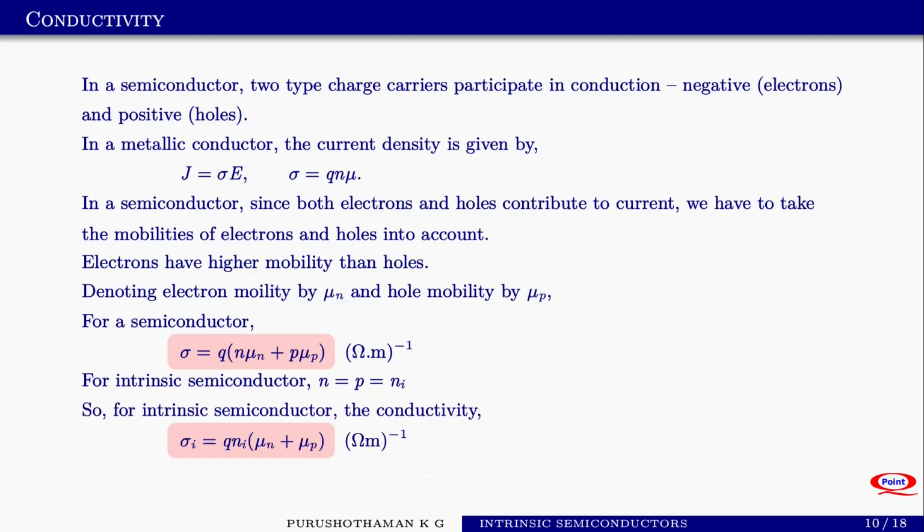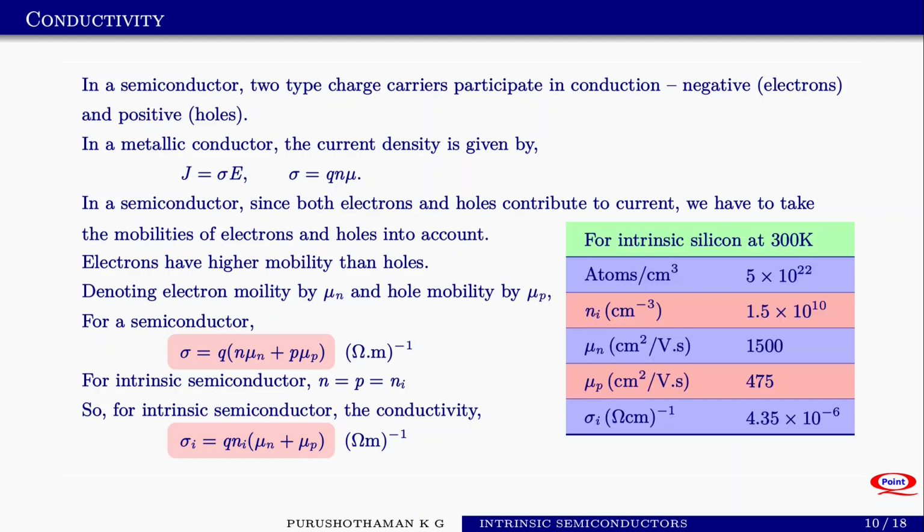So this expression now becomes intrinsic conductivity sigma I equals Q into Ni into mu n plus mu p per ohm meter. When you calculate the value of sigma I, you will be getting 4.35 into 10 raised to minus 6 per ohm centimeter.